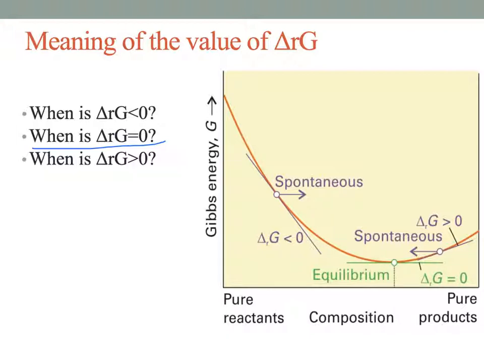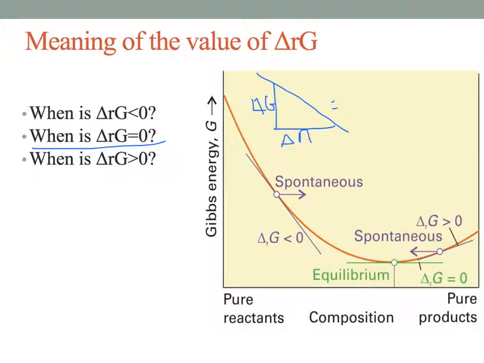And basically, we know that delta G, which is on the y-axis, over the product composition, which is delta N on the x-axis, when you take the slope of those two, delta G divided by delta N, taking the slope of that gives you the reaction Gibbs energy in this case.